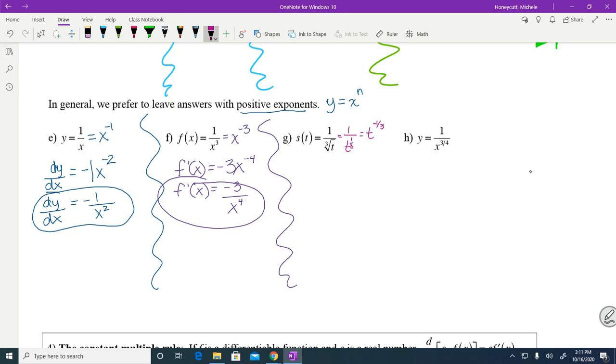So now it's in the form that I need. So then s prime of t is going to be equal to negative 1/3 t. If I subtract 1 from 1/3, I get negative 4/3. So if I write it with a positive exponent, s prime of t equals negative 1 over 3 t to the positive 4/3.